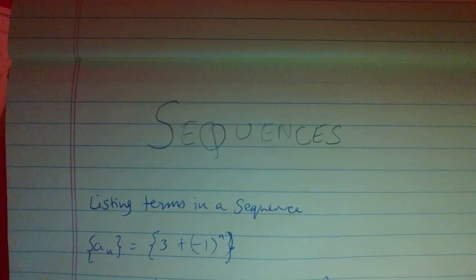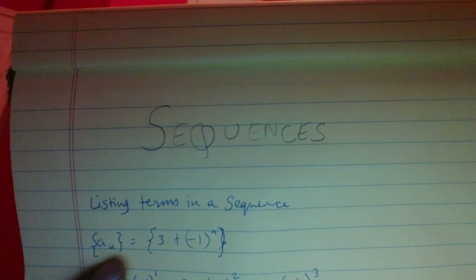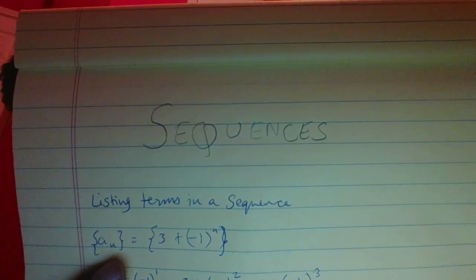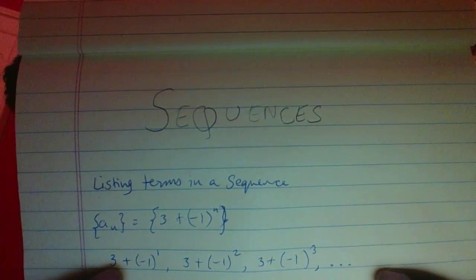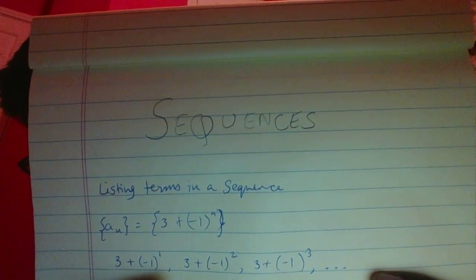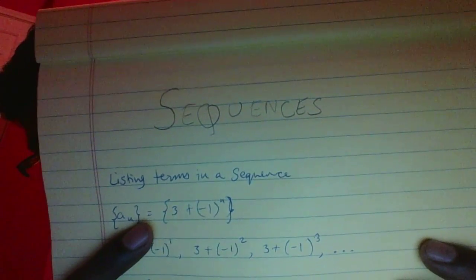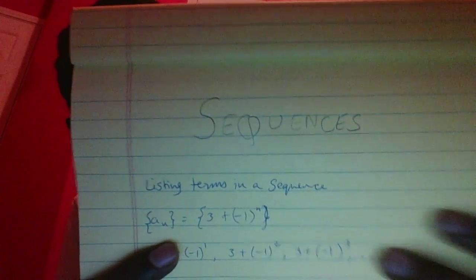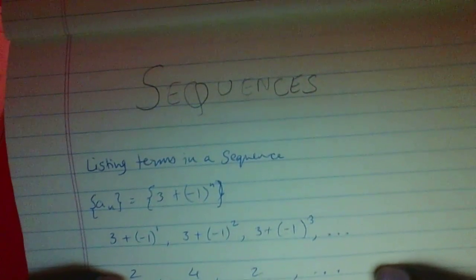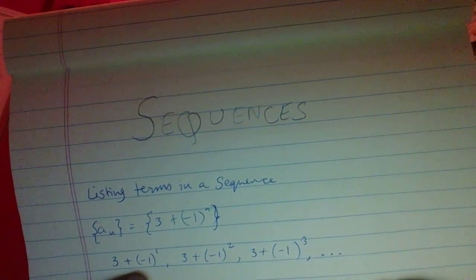So when h of n is equal to 3 plus negative 1 to the n, you just do 3 plus negative 1 to 1, 3 plus negative 1 to 2, 3 plus negative 1 to 3, and then dot dot dot, because it's infinite, right? Because n is just a number, and it's infinite. You never know. Then you plug it in and solve it.